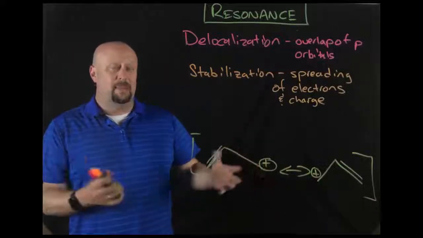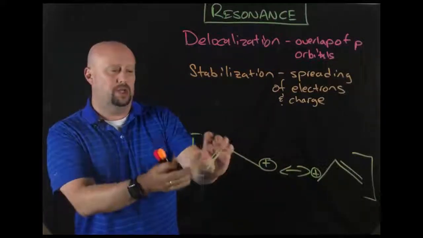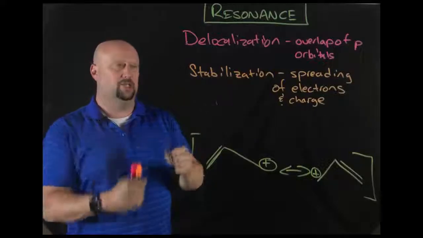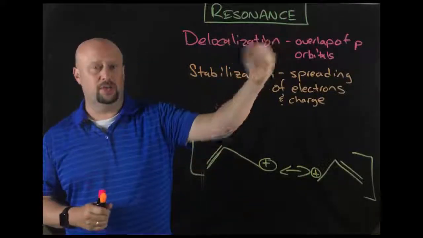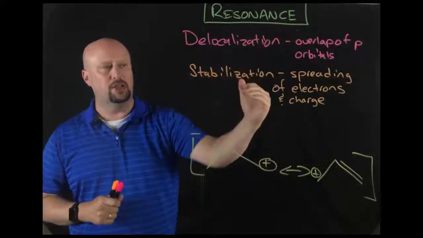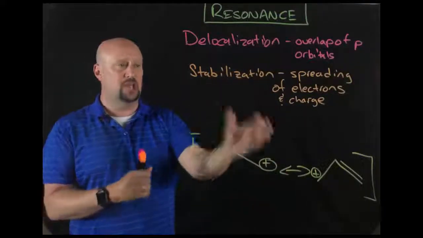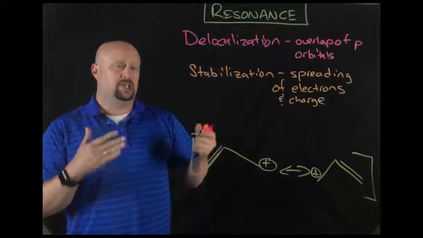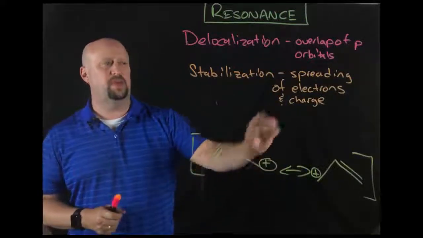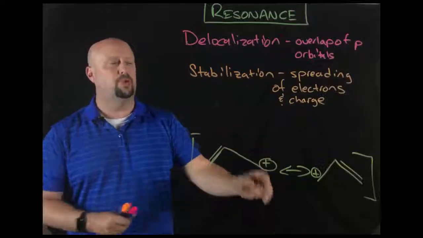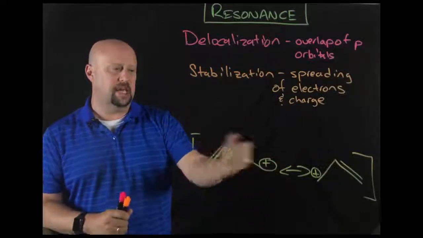So why does that happen? I mean, why would they be spread out? Why couldn't they just be localized and attached to each atom? Because that's obviously a lot easier. Well, there's delocalization of the electrons because the delocalization leads to stabilization, okay? And the stabilization means that the electrons are more evenly spread, and as importantly, the charge is as evenly spread.